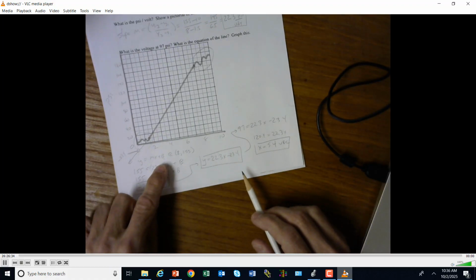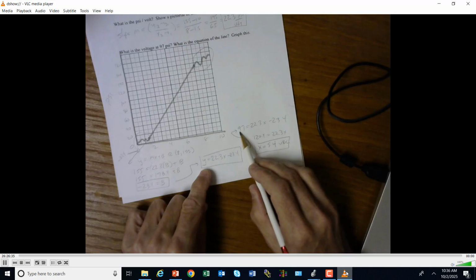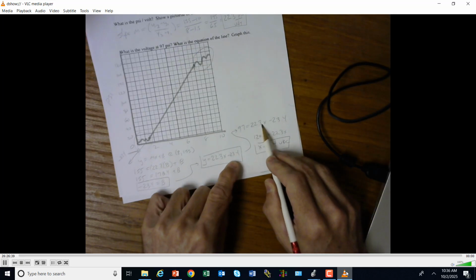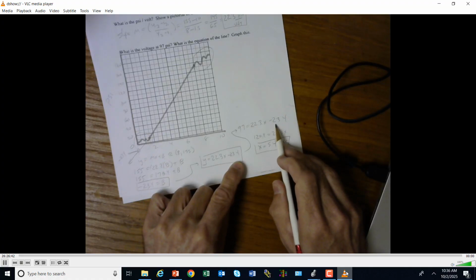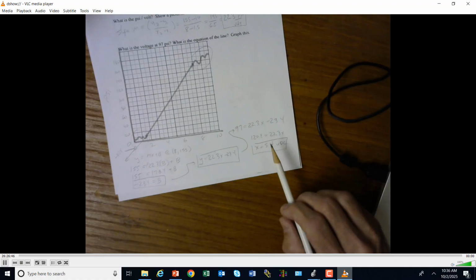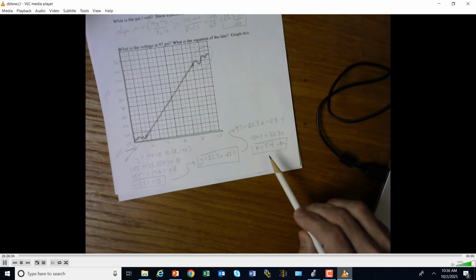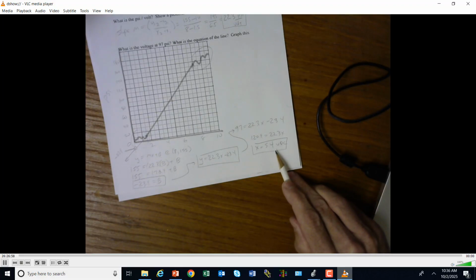Y equals mx plus b. 97 equals mx plus b, and our b is negative 23.4. So this is minus 23, so you do plus 23, and then you divide it by 22.3. So 120.4 divided by 22.3, we get 5.4 VDC.